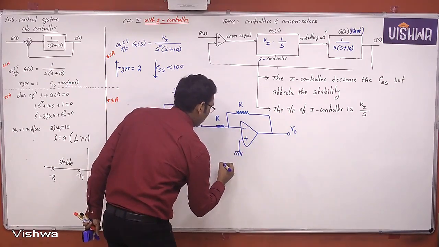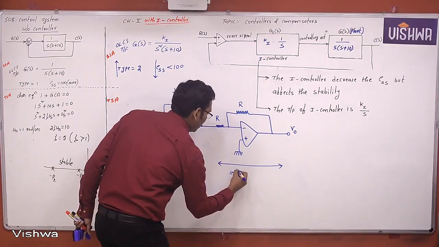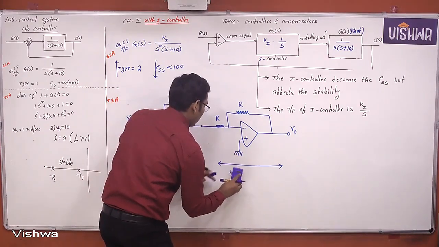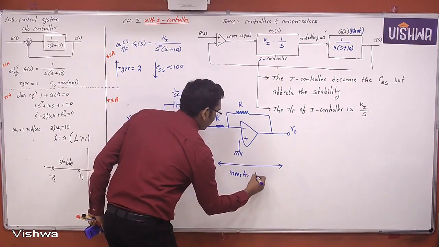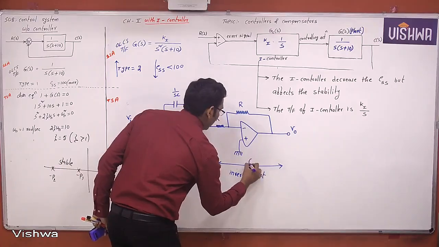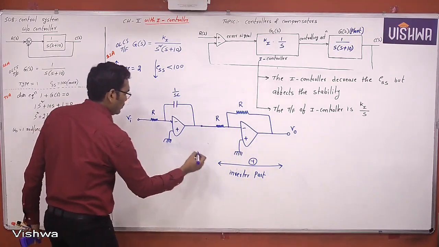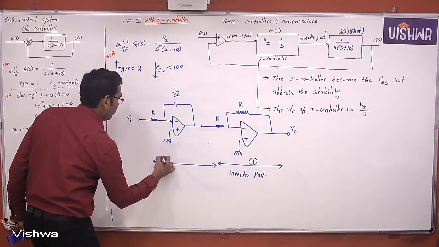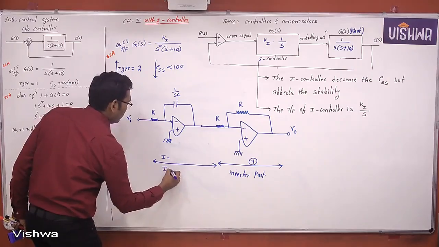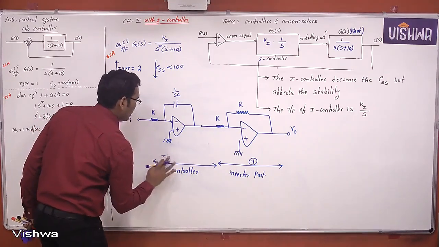This is the inverter part, because this value is -1, right? And this is the controller part. So this is now an I controller, which is similar to your I controller.